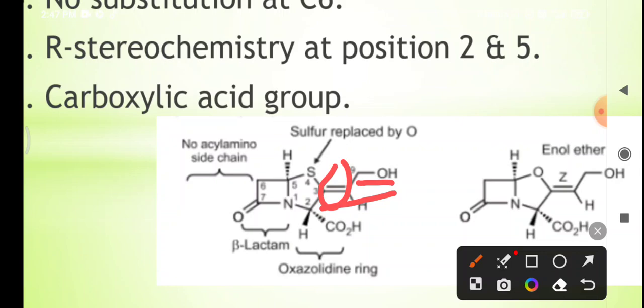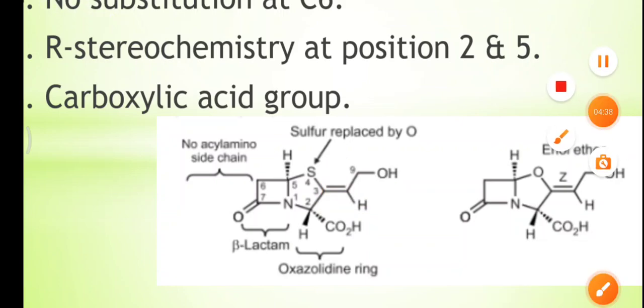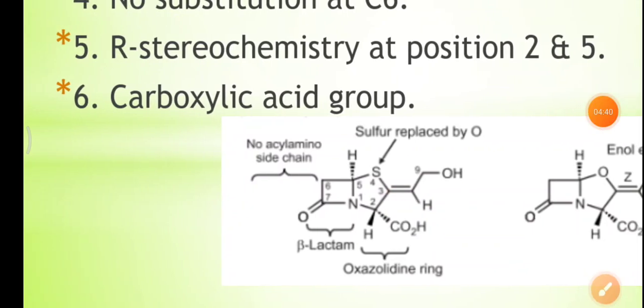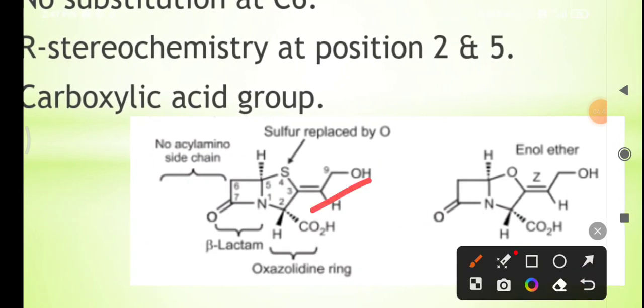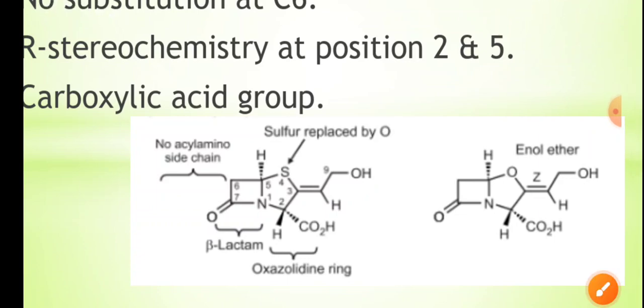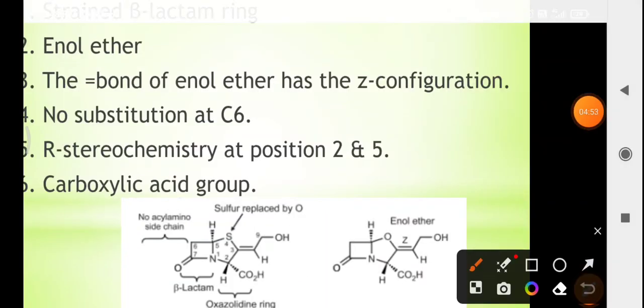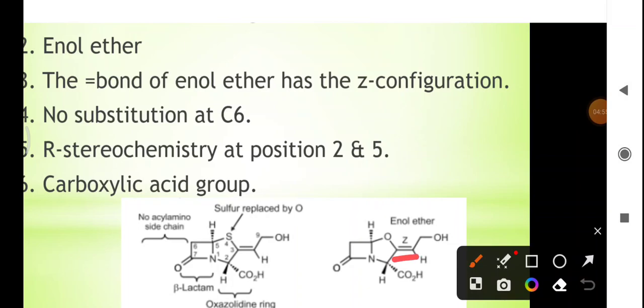This side chain is very important because it produces the intermediates which irreversibly bind to the enzyme. The double bond of the enol ether has a Z configuration.